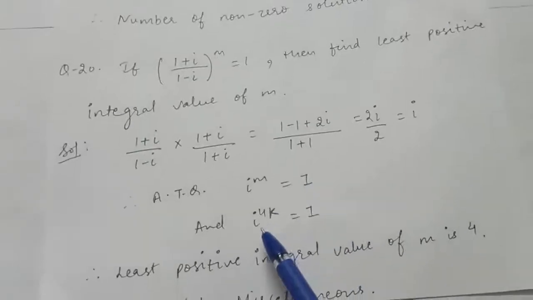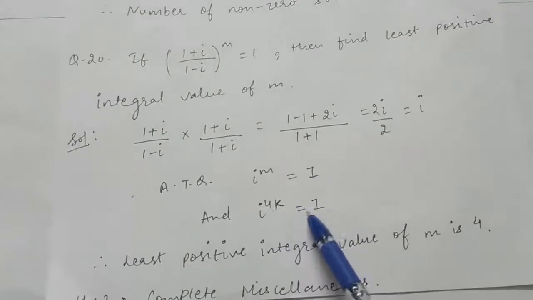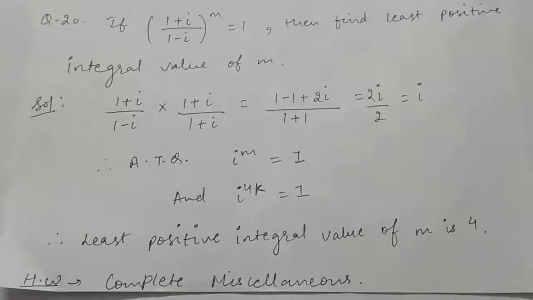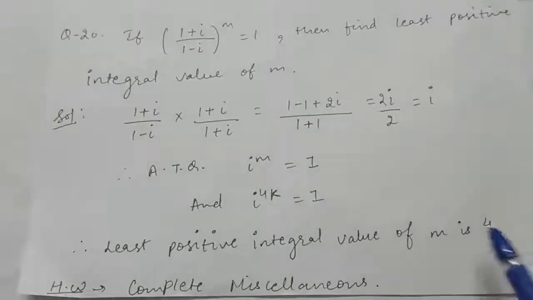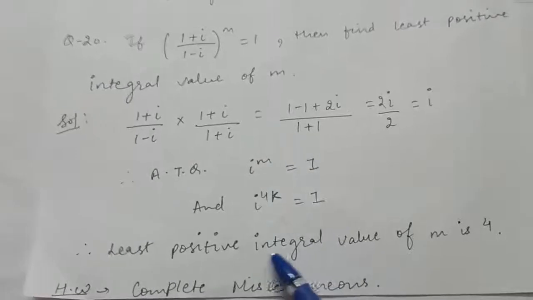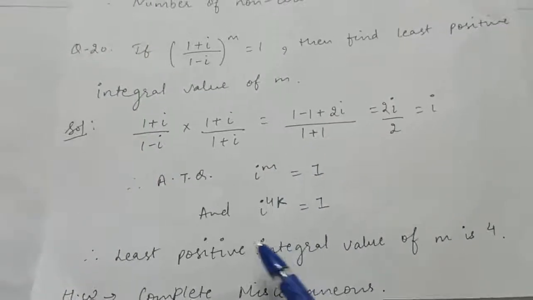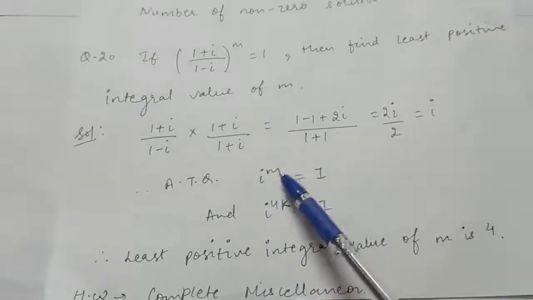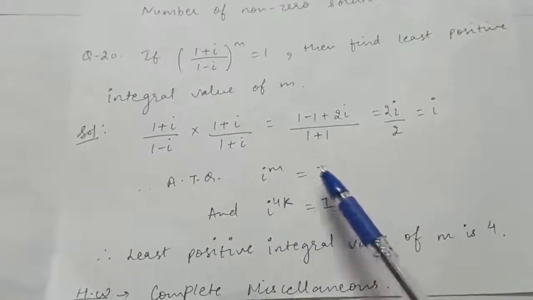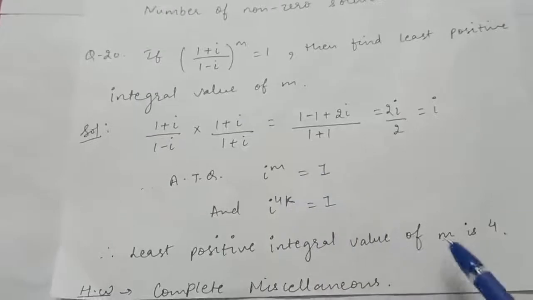Also we know that iota raised to the power 4k is equal to 1. Therefore the least positive integral value of m is 4, because we have to find the positive integer. So we know the smallest positive integer for which iota raised to the power m is 1, then m should be 4 only.